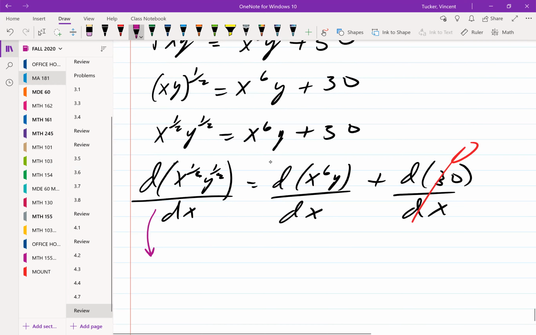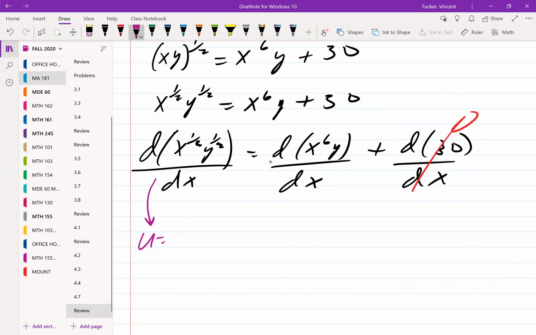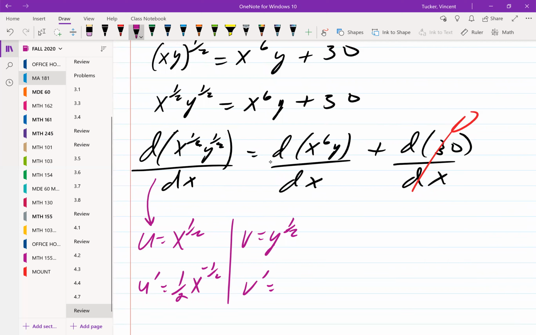Looking at this piece, I'll say u prime is going to be 1/2 x to the negative 1/2. And then if v is y to the 1/2, the derivative of y to the 1/2 will be 1/2 y to the negative 1/2 dy dx.